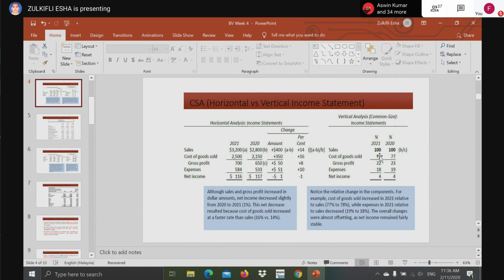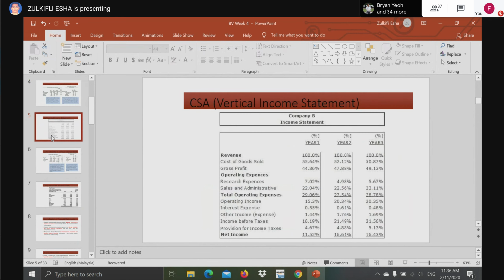So after that, you convert into percentage, and then when you want to compare between different years of performance, you put in this format the base year that you want to compare, year 1, year 2, year 3, and you just list down the items from income statement that you want to compare between different years. So all this data or figure you can get from income statement.